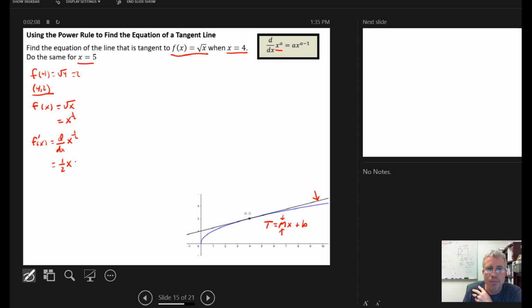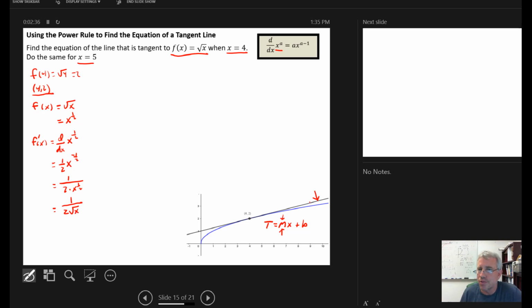So 1/2 minus 1 is negative 1/2, which is the same as 1 over 2 times x to the, bring the x down into the denominator, I can make that exponent positive. So x to the positive 1/2, and I could write it in radical form as 1 over 2 times the square root of x.